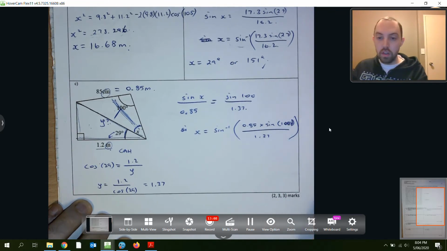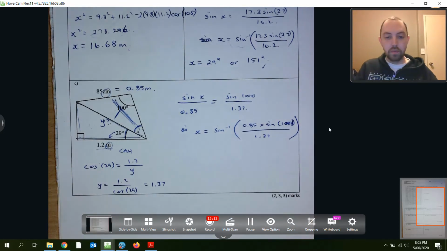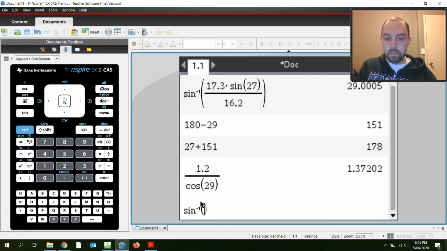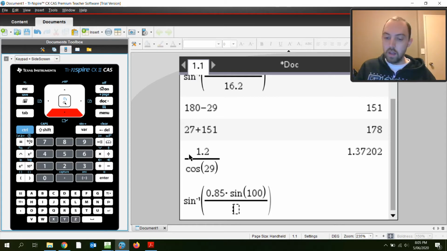Still 100 in that bracket there. So I'm going to be doing sine negative 1 of 0.85 times by sine of 100 divided by not 1.37, but this value here.